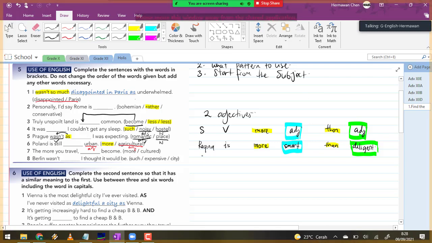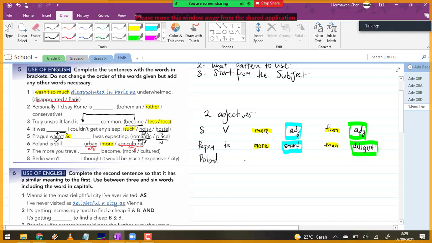Let's start from the subject. The subject is Poland. The verb is still. Use the pattern more. Okay, this is taken from the word in the brackets. And then first adjective, it's also in the brackets, guys. Agricultural.